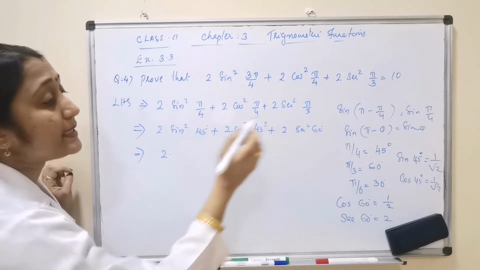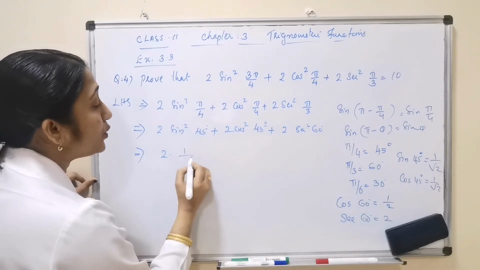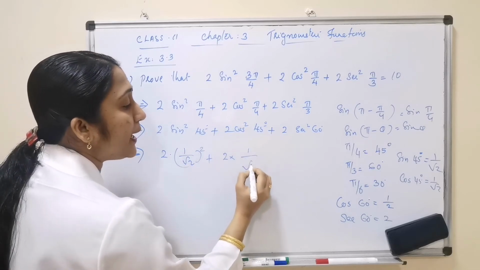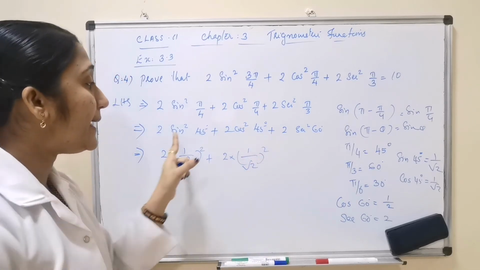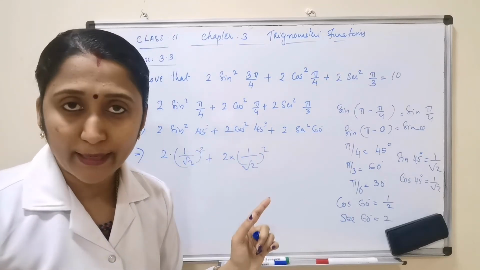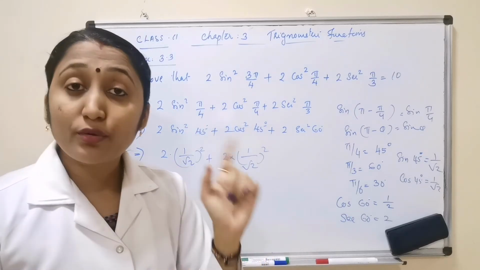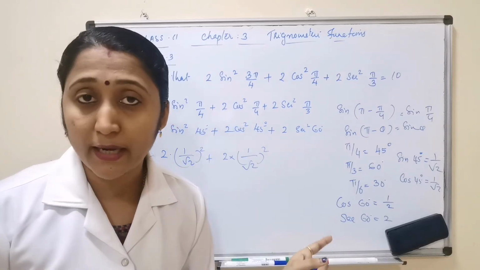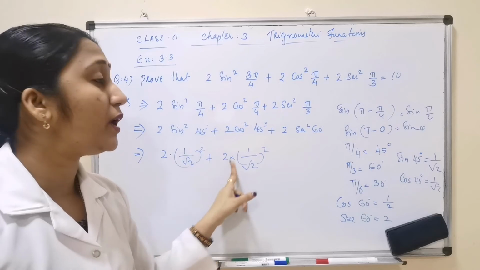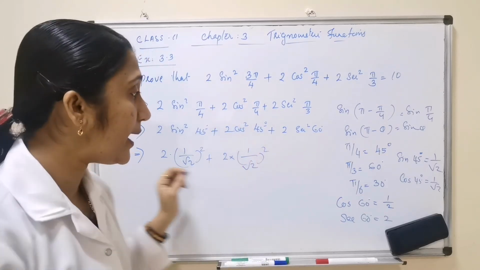So 2 into (1 by root 2) the whole square plus 2 into (1 by root 2) the whole square. The value of sin 45 is 1 by root 2, and cos 45 is also 1 by root 2.